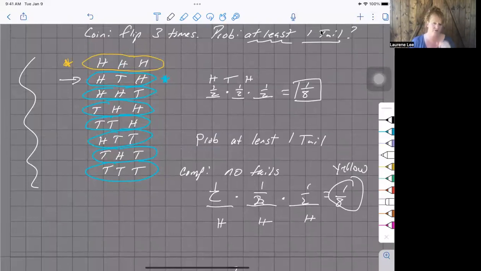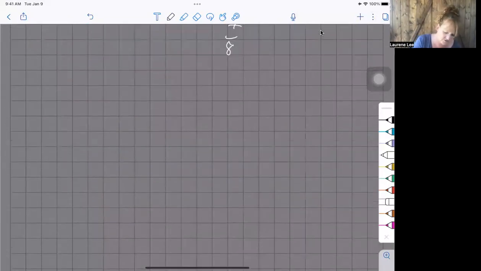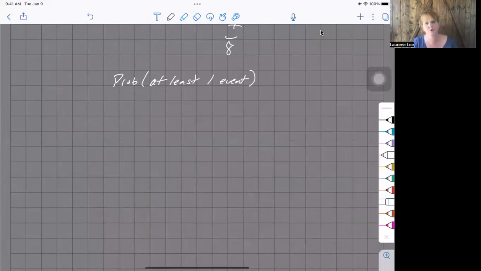So here's our general formula. If you want to find the probability of at least one event happening, the way you do that is you take 1, which represents the whole, and you subtract the probability of the complement.